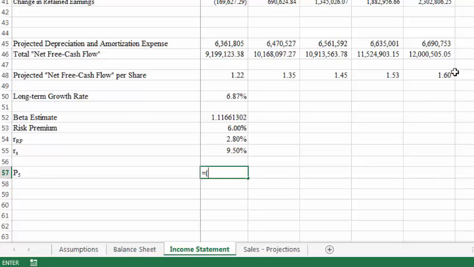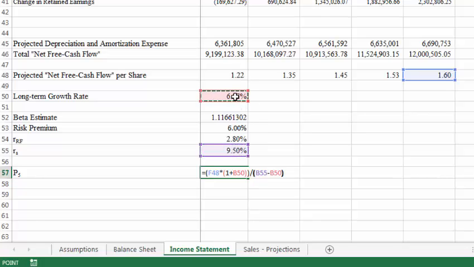So equals the cash flow at time 5 times 1 plus growth rate, close parenthesis on the numerator, divided by, open parenthesis, discount rate minus growth rate.